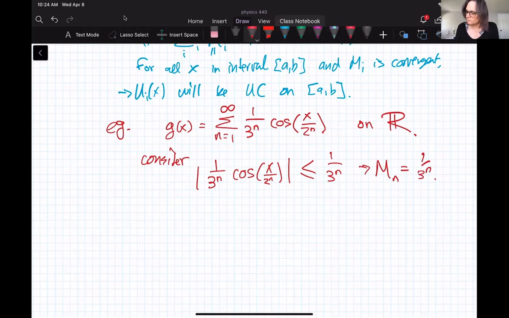Okay? So if that's the case, what is that equal to? I think we probably suspect that this is convergent, but it's an important series, so what is it convergent to? What kind of series is this?